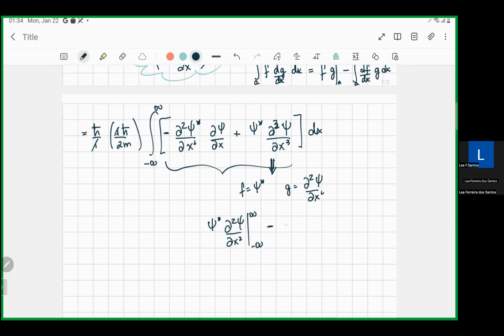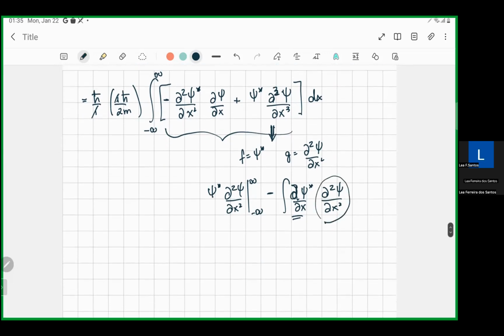Okay, so doing by parts, I now have psi and that second derivative. And the minus sign, and now I switch those derivatives, so I get this derivative in the psi star. And here becomes the second order. All right, is made my g. So this is the derivative of my f, and this is what the whole thing was for the g.